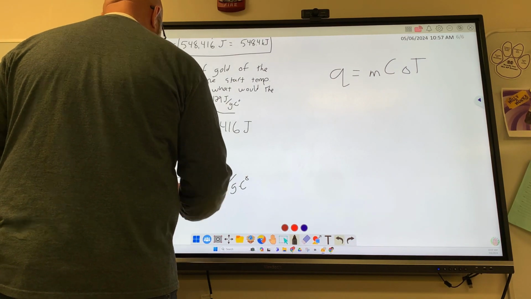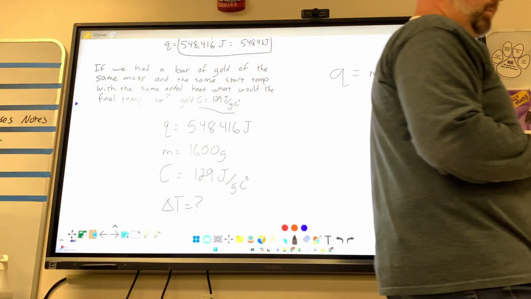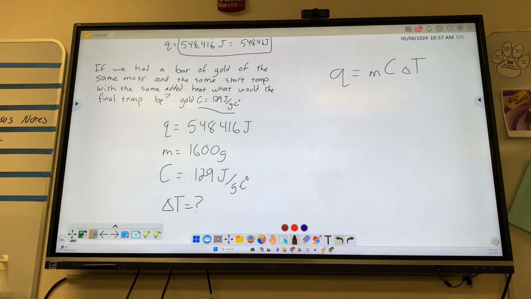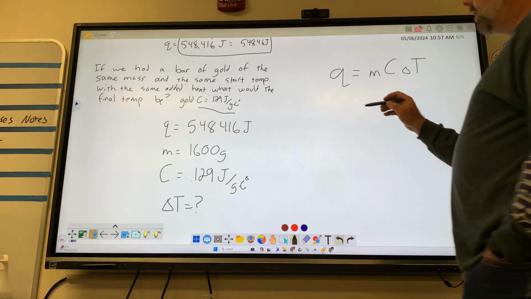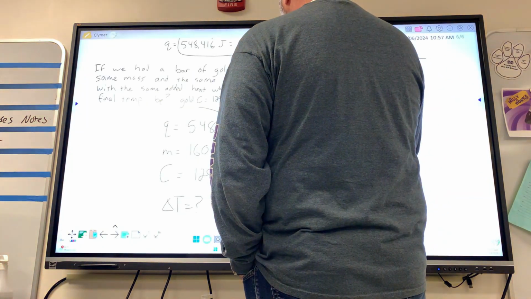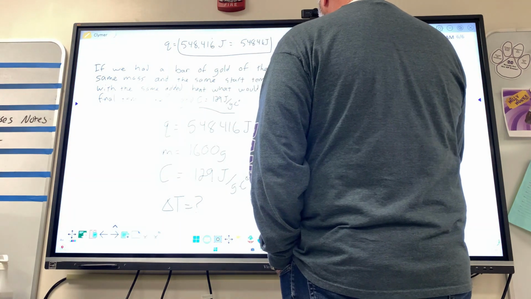Right? So now, let's just plug this into our equation. Q is 548,416. That's a little too significant, but we'll leave it in anyway.